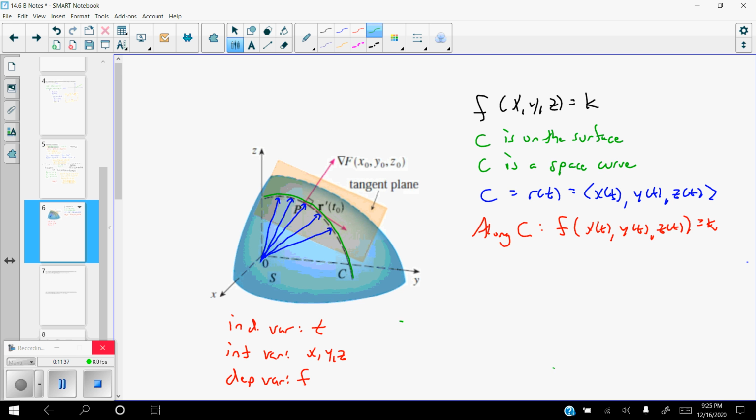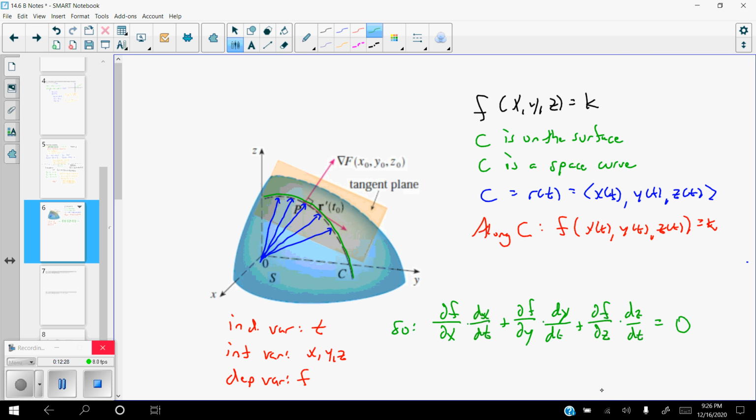So what does all that mean? Well, if I take the partial of f with respect to x times the derivative of x with respect to t, plus the partial of f with respect to y times the derivative of y with respect to t, plus the partial of f with respect to z times the derivative of z with respect to t, what we really have here is the full derivative of f, and that would equal 0.